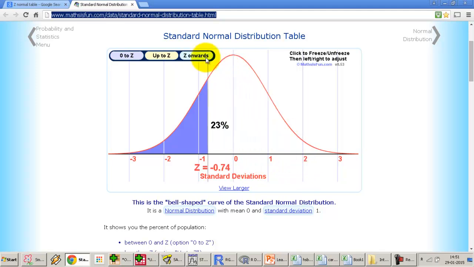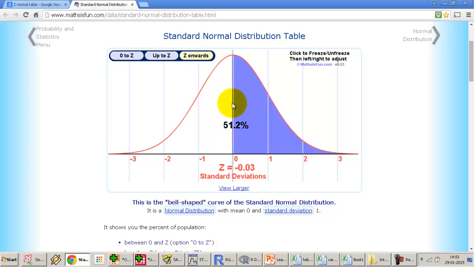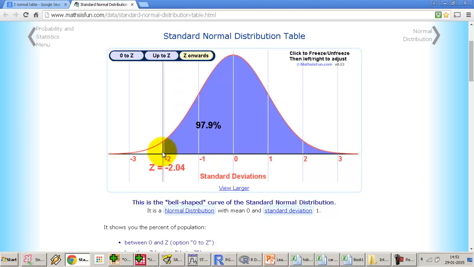If I look at something known as z onwards, it is the exact mirror image on the other hand of the equation. If I go up to z equal to 0, it's again 50%, and then I start going into the negative values of z. It tells me the area under the curve from plus infinity to mu minus 1 sigma, then mu minus 2 sigma, and so on, right?